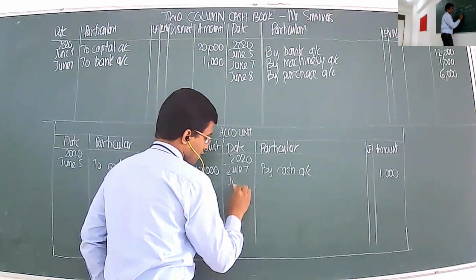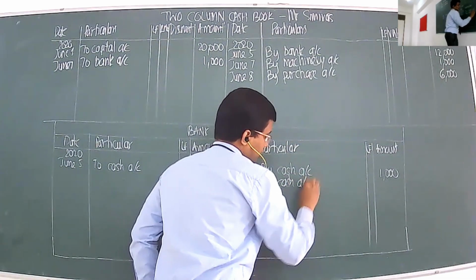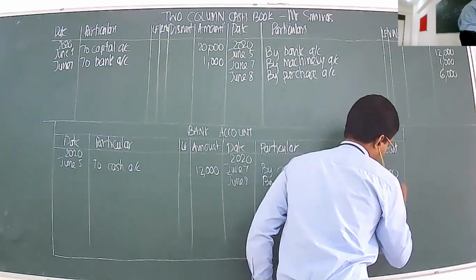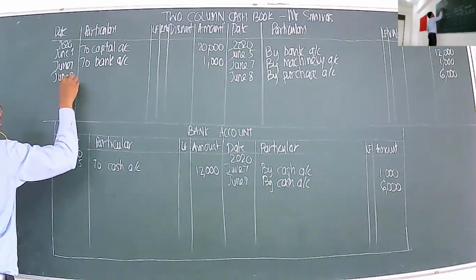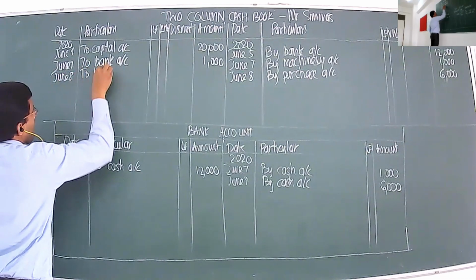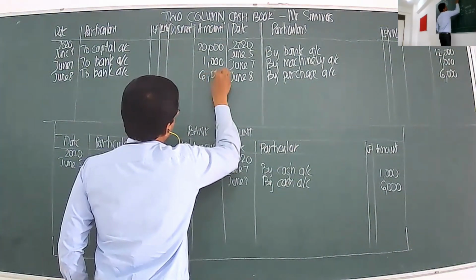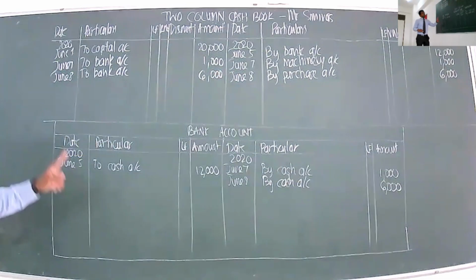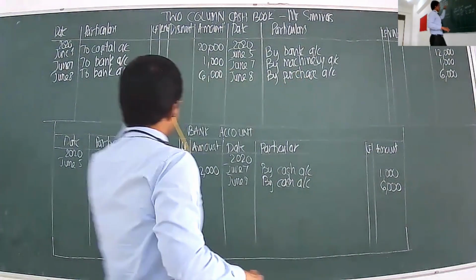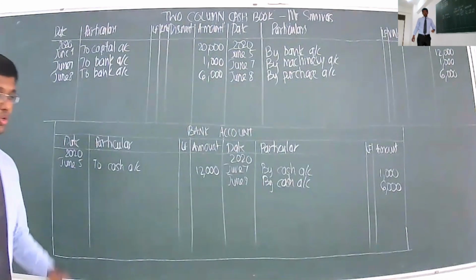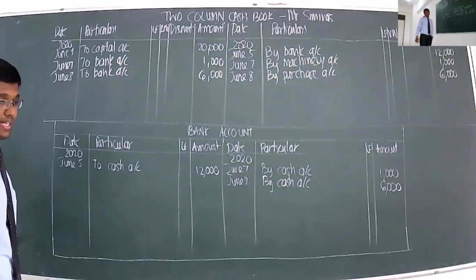So for this, June 8th, by cash account, because you're withdrawing the money from your bank account, bringing the money into your business, to bank account, and the amount is 6,000. Okay. So the transaction on 8th, we made it with the help of check and we have passed 3 entries in total.